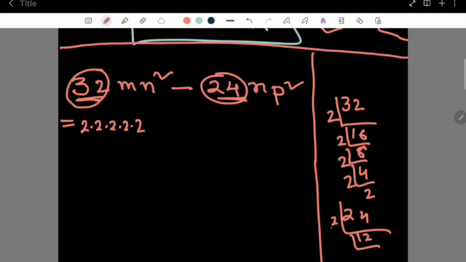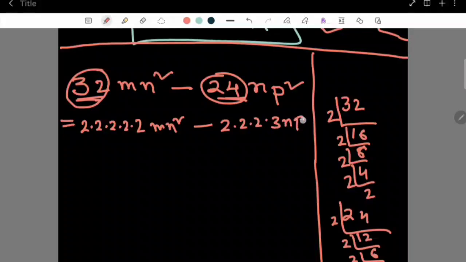If we split again we'll get 6, again by 2 we'll get 3. So here mn square रहेगा, यहाँ पे 24 को तोड़ के हमको मिला 3 2s and 1 3, np square will be there.